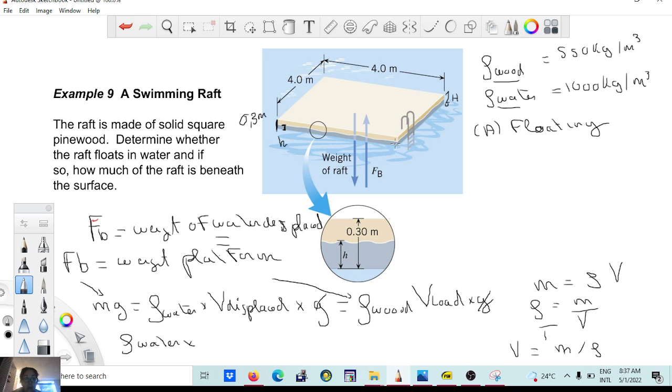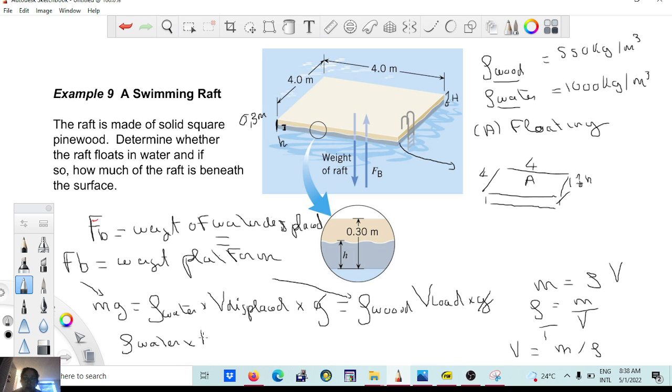So the water displaced has a volume equal to the volume of the object submerged. You can pause the video. Well, that volume is going to be the area. That part here is just like a small prism, with that little h here, and that area here is just 4 times 4. So width times length times height.